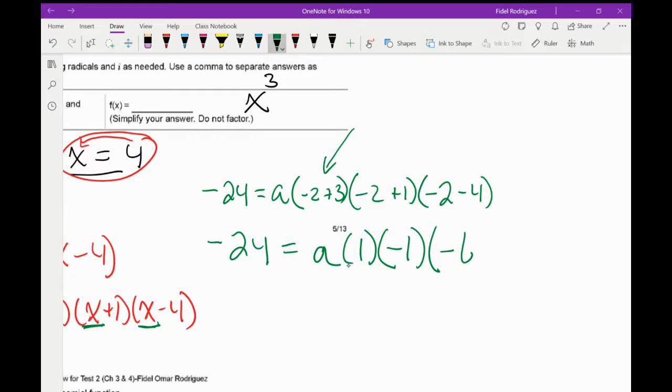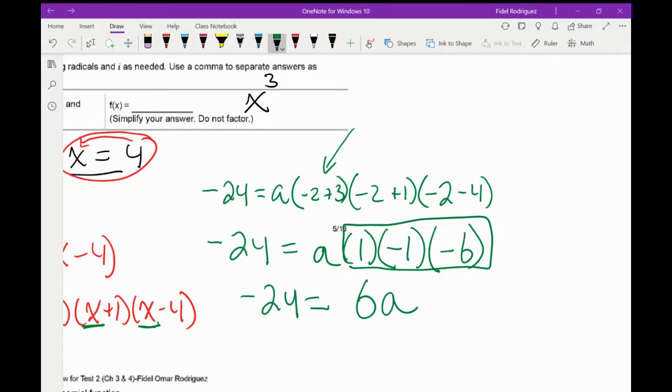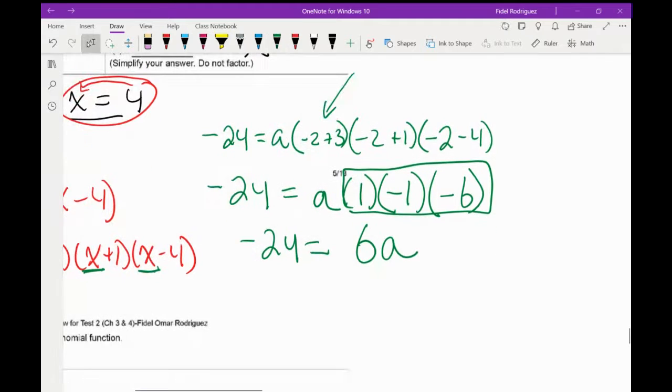And -2 minus 4 is a -6. Now I'm going to multiply those three numbers together. So 1 times -1 times -6 is a +6 with an a. And just like we did before, we're going to solve for a by dividing both sides by 6.